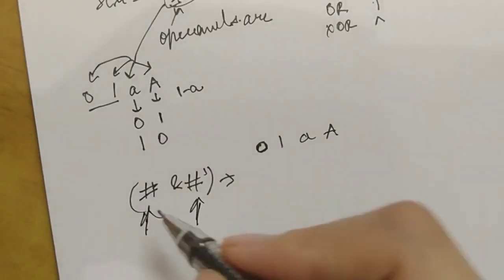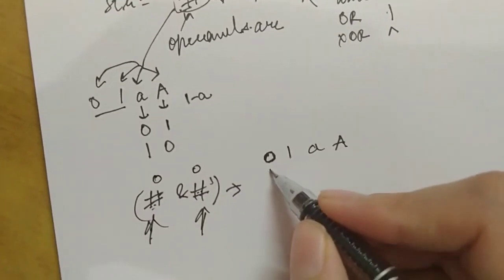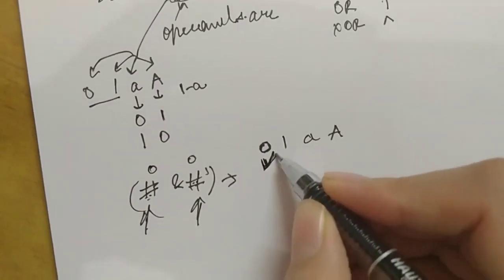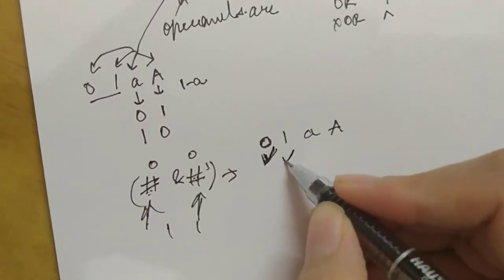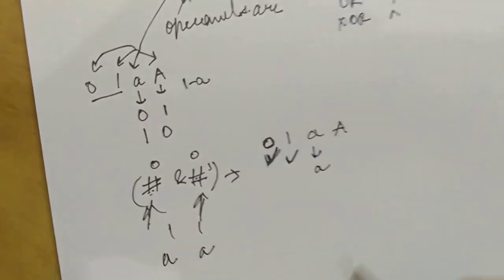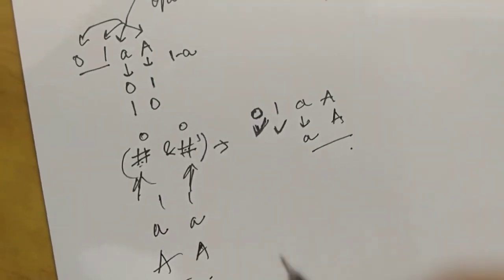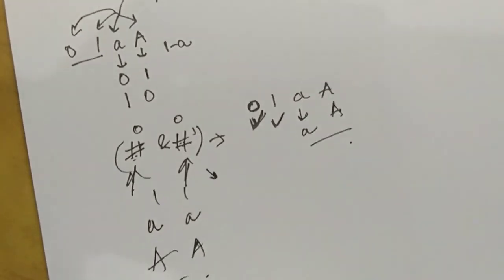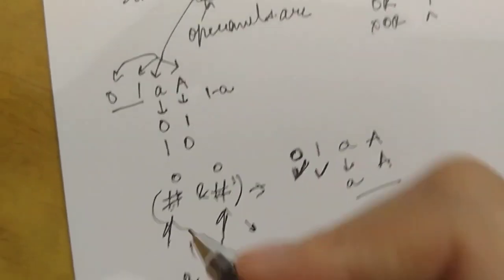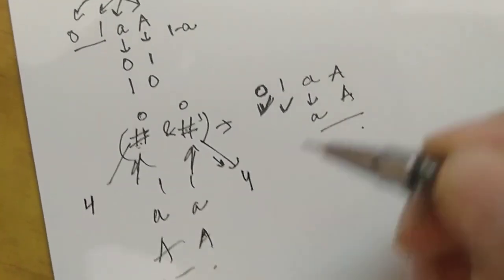For example, if these two hashes are 0 and 0, then the AND evaluates to 0. If these are 1, 1, then AND evaluates to 1. If these are A, AND evaluates to A, capital A, AND evaluates to capital A, and further possibilities. There are 4 possible values of this hash and 4 possible values of this hash.